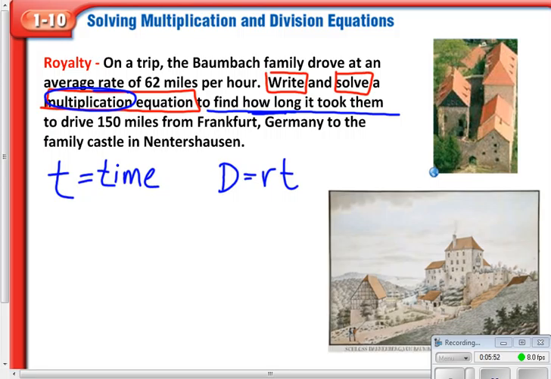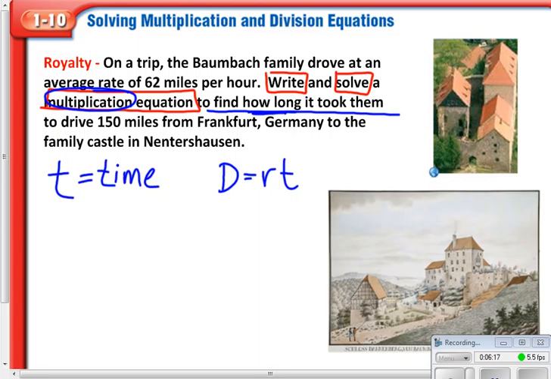And this is just an easy example here. Let's say you went 50 miles per hour, and you drove at that speed for 3 hours. So how far did you go? Well, 50 times my 3 hours gives me 150 miles. So your rate of 50 miles per hour times your time gives you your distance.